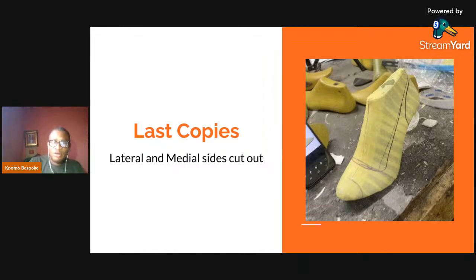Like you can see on this last, I have taped up the entire last, and then I cut it in the middle and separate the two of them. Each of those two pieces is known as a last copy. So it is the average of your last copies that is called your min form.